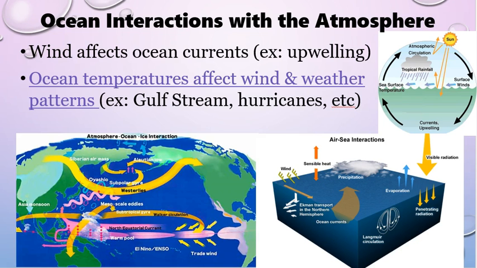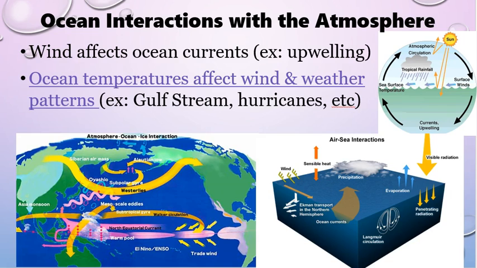So let's just take a second here and think back about all the things that we've talked about so far. Remember that our wind patterns in the atmosphere are affecting our ocean currents, especially the surface currents. We have temperature and density patterns that are affecting all sorts of convection cells moving both in the ocean and in the atmosphere. And a lot of those are involved with weather patterns. A lot of those are also involved with things like upwelling, which is how the ocean is going to circulate some of its parts around.